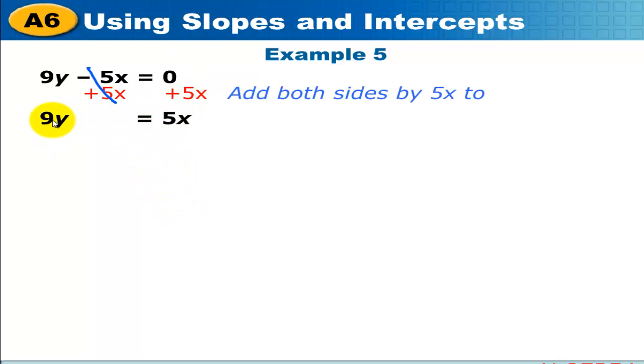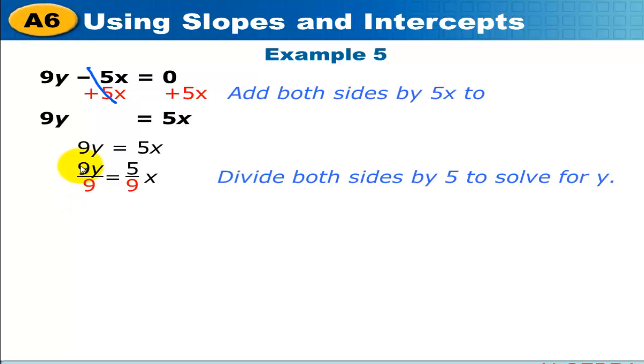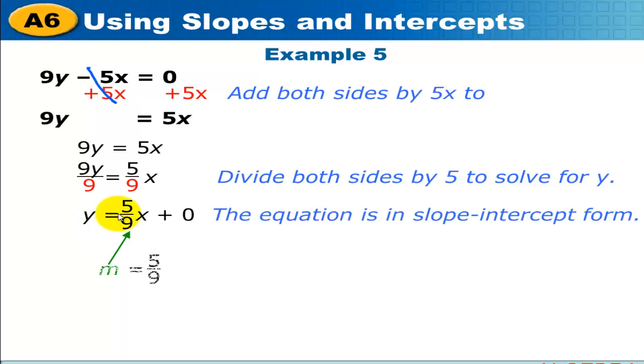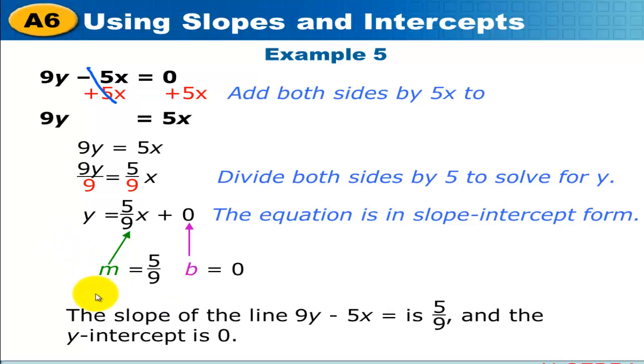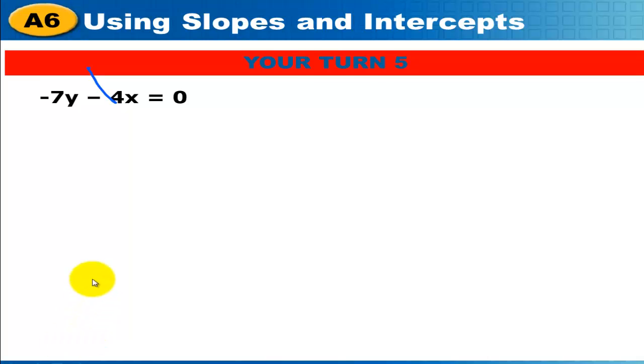Now I just need to undo my 9, so divide by 9 both sides. Cancel out 9 using our multiplicative inverse. We'll get y equals 5 over 9x. Now again, I wrote my 5 over 9x as 5 over 9x plus 0 so that we can match our answer to our formula y equals mx plus b.